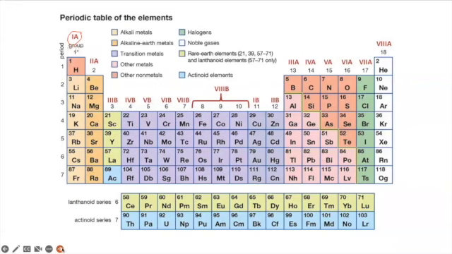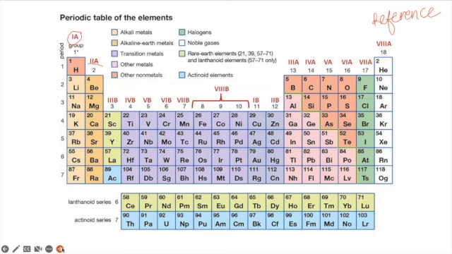I don't understand why they were named that way, but I'm just showing you this as a reference. Don't think too hard about it, because OWL does have questions that reference group 2A. So if you get confused, here's a periodic table which uses those.